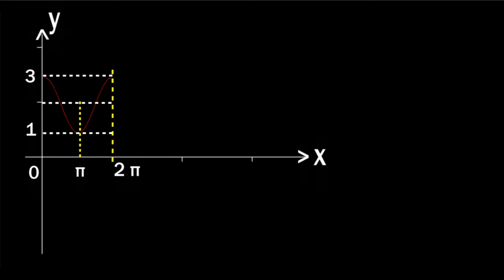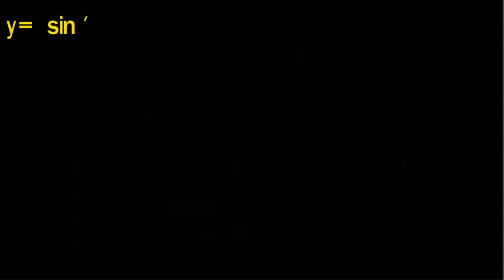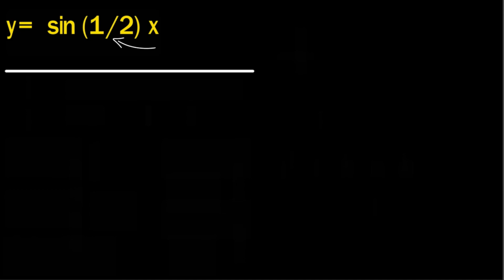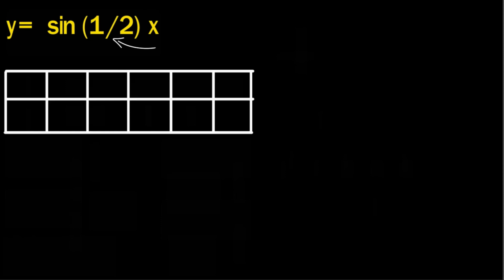Now let's try 2 more examples. Let's say we have y equal to sine half x. Now we apply some numbers to the angle in the trigonometric function. To draw this kind of graph, we need to write down a table of values.